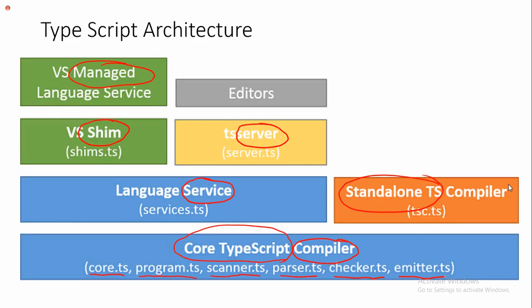This is not the right time to discuss those files. This is only the time to understand what it is actually. TS is a TypeScript file. As I told you, the entire TypeScript is designed in TypeScript. Just basic points I will tell you.